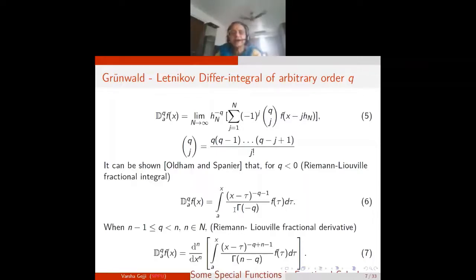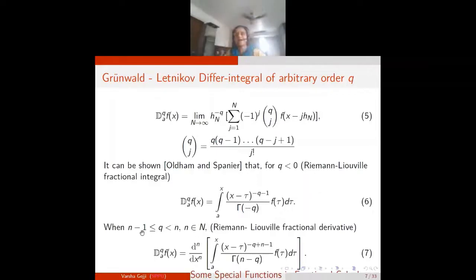I'm just trying to motivate these young students about fractional calculus and how these special functions are coming up in this area. So when q is negative, you can show that this integral 5 takes this integral representation, which is our familiar definition of the Riemann-Liouville fractional integral.